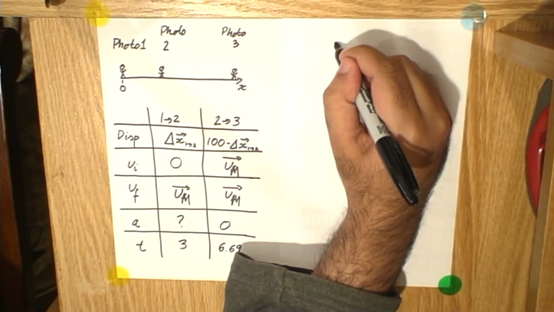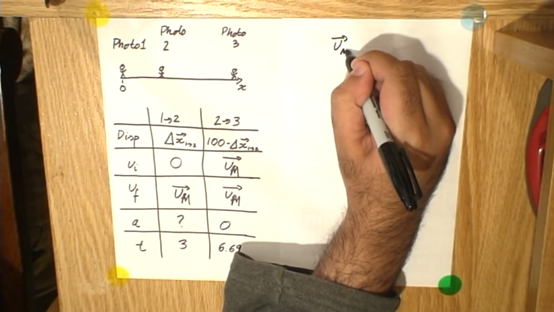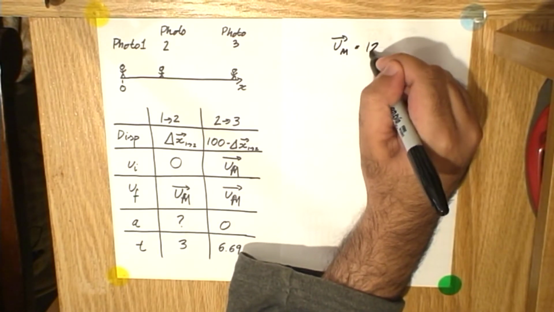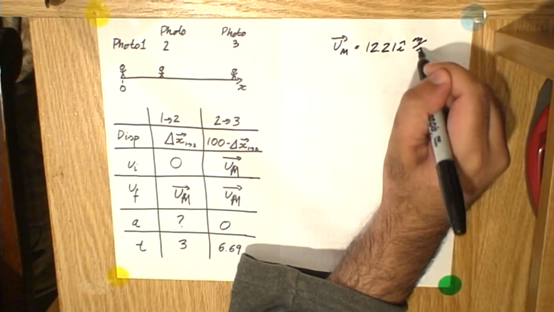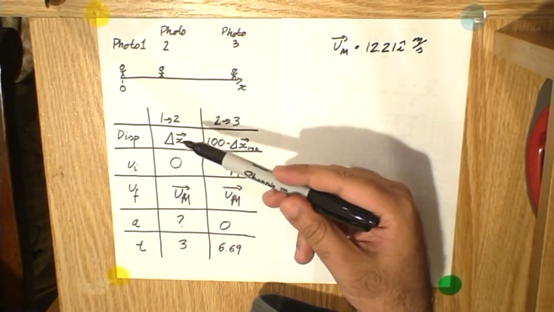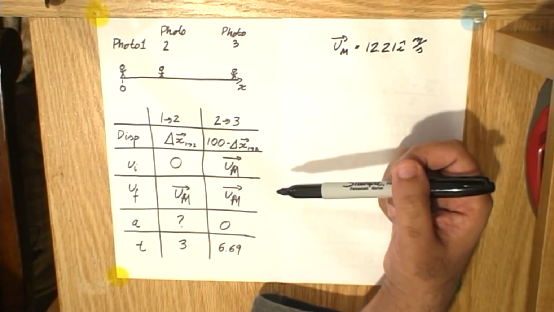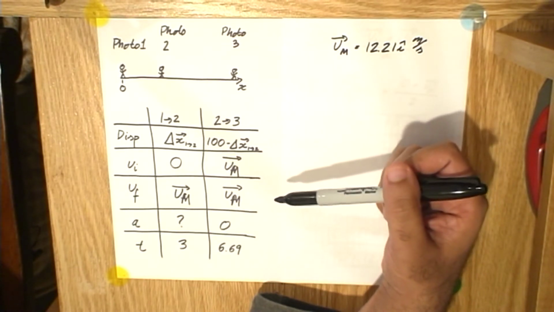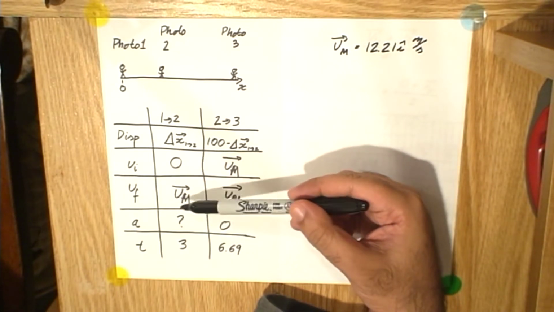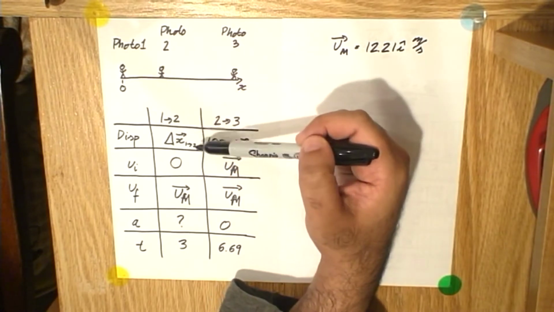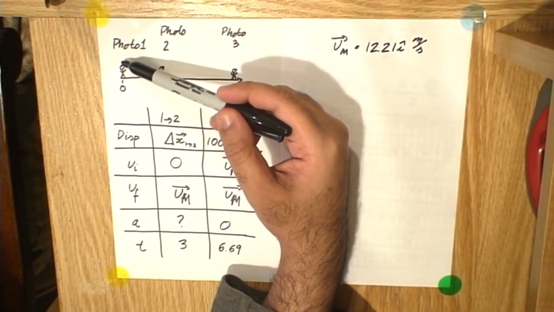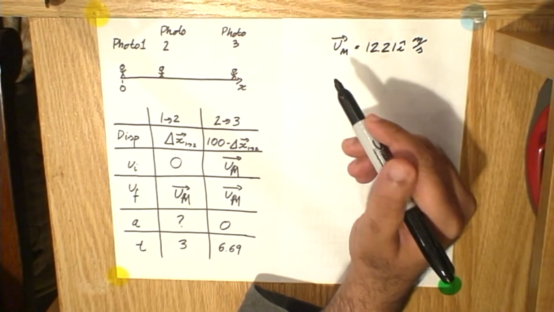Now that we have solved for Usain Bolt's maximum velocity, that was 12.21 I hat meters per second, we can now solve for all of the rest of the quantities over here, quite easily in fact. Let us say that we want to find delta x 1 to 2, the distance or the displacement that he experienced between photo 1 and photo 2.